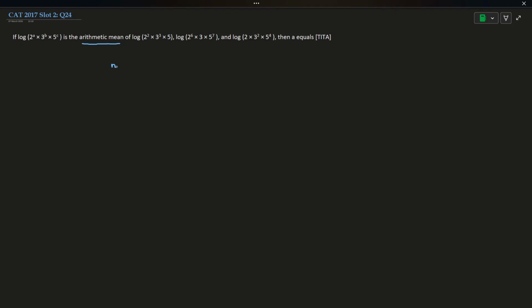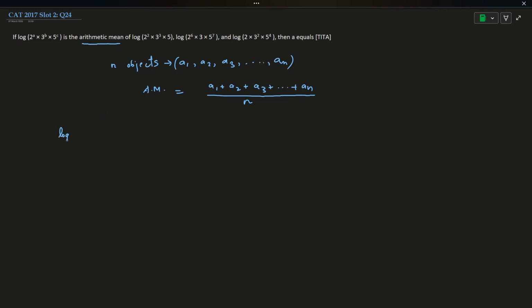Let's say you have n objects, a1, a2, a3 dot dot dot till an. To find the arithmetic mean, you will have to sum up the individual objects, the value of the individual objects, divided by the number of objects.